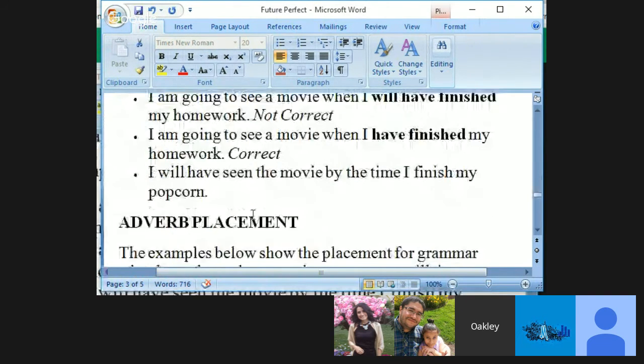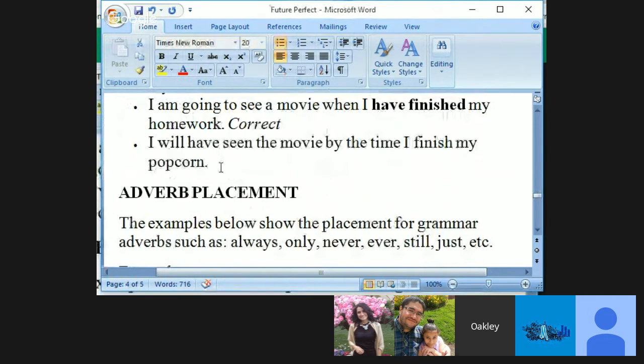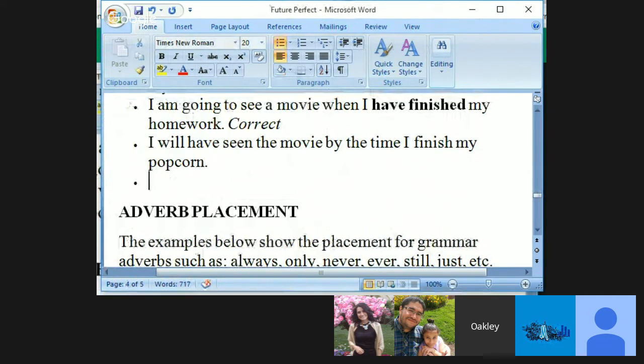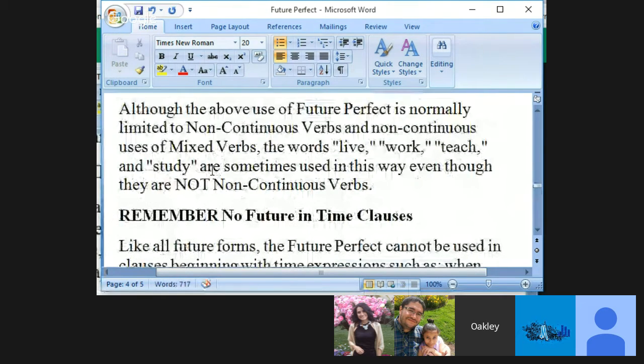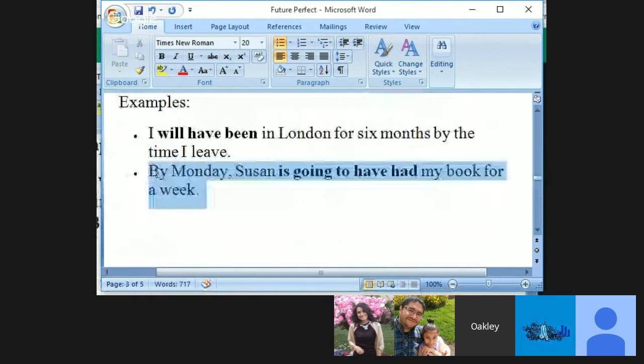All right. I get it. Just to make sure, teacher, sorry. The previous rule, where we have to use a non-continuous verb. So you mean maybe by your example, "By Monday, Susan is going to have had my book for a week." You mean "had"? So we cannot use a verb with the gerund, with -ing, right?